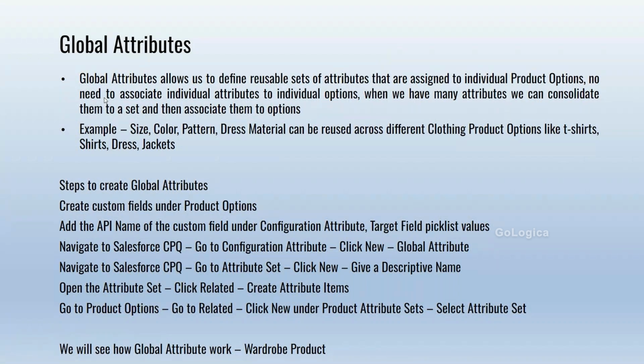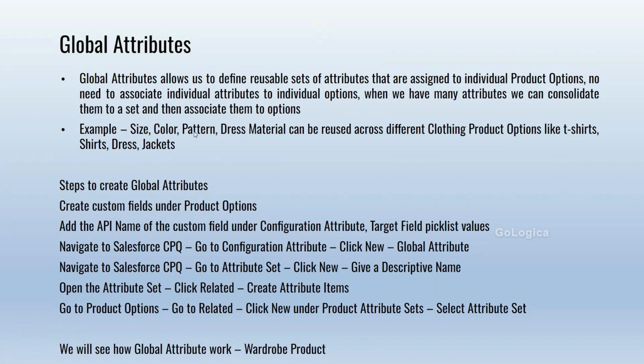If I have a color, I can use it with bags, I can use it with clothes, I can use it with a home theater as well. And the same applies for size. Size can be used with clothes, bags, utensils, maybe any other product as well. So it says size, color, pattern, dress material can be reused across different clothing product options like t-shirts, shirts, dress, jackets.